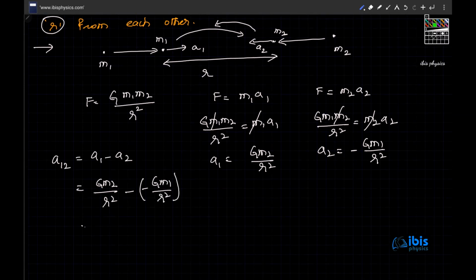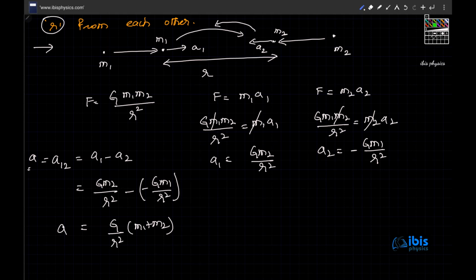So that is equal to G, minus into minus plus, so G by r square into m1 plus m2. I'm going to call the acceleration of 1 with respect to 2 or 2 with respect to 1 simply a, equal to G into m1 plus m2 by r square.